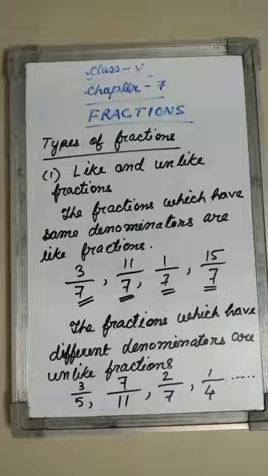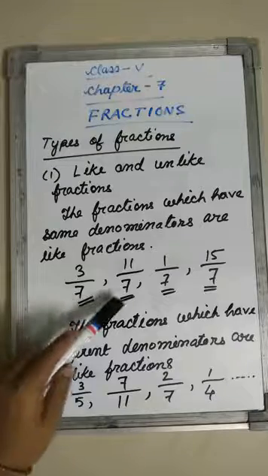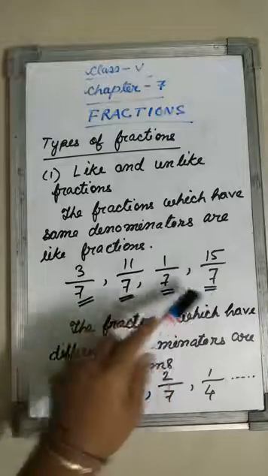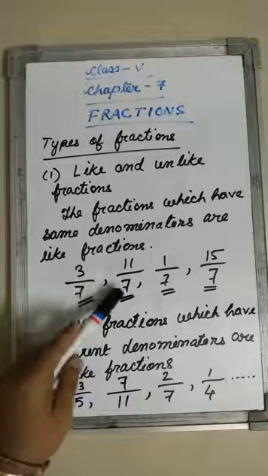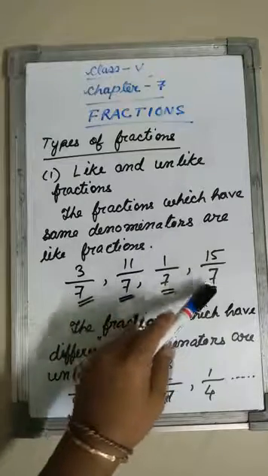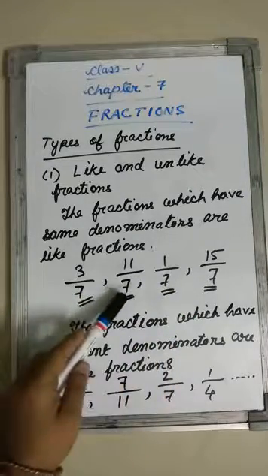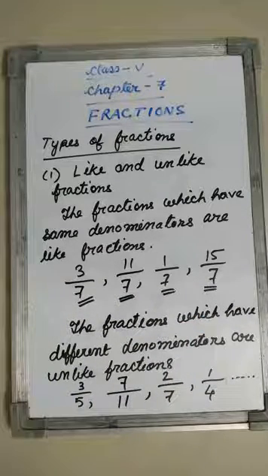This is very important in terms of addition and subtraction of fractions. The denominators are same in all 4 fractions: 7, 7, 7 and 7. So if the denominators are same, the fractions are called like fractions.